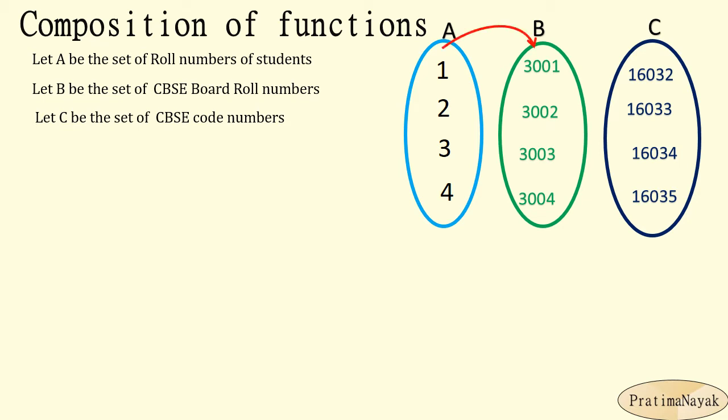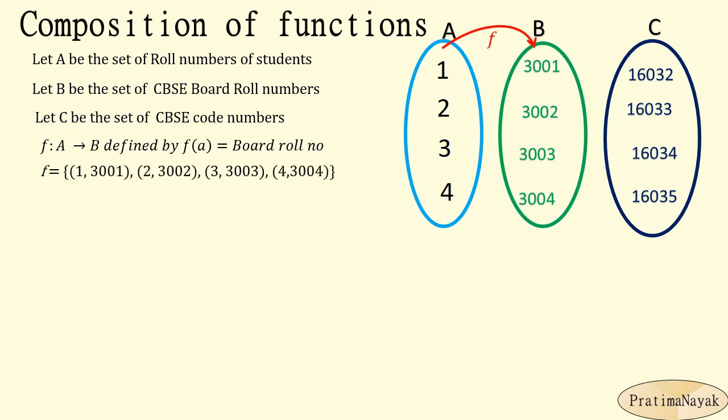So a function F is defined from A to B, where F of A is equal to board roll numbers. So what will be the ordered pairs? It will be (1, 3001), (2, 3002), (3, 3003) and (4, 3004).